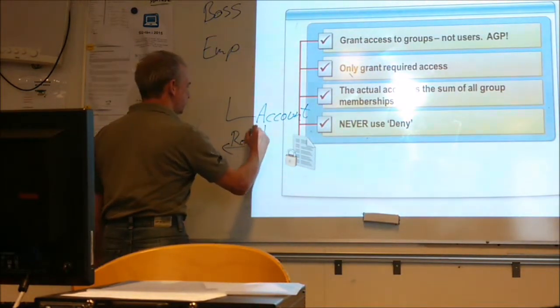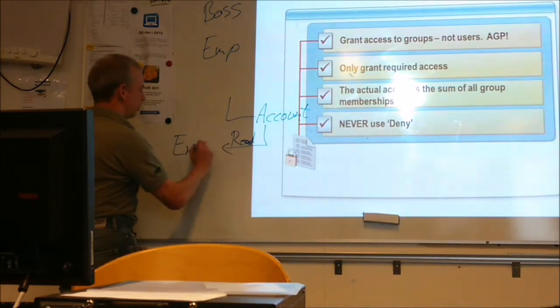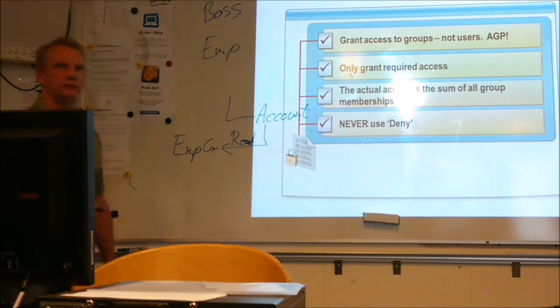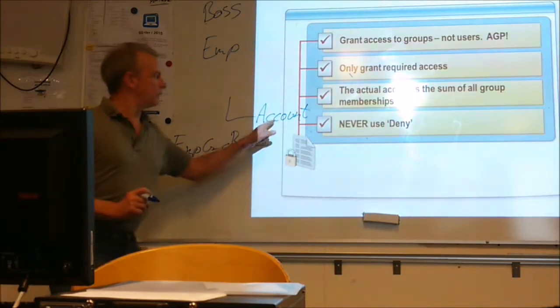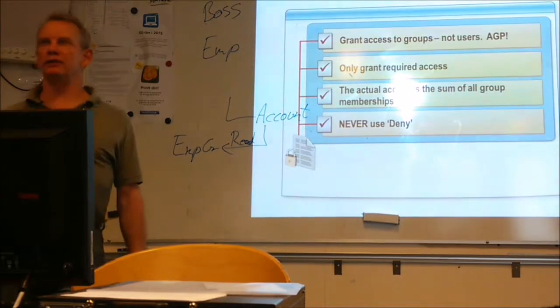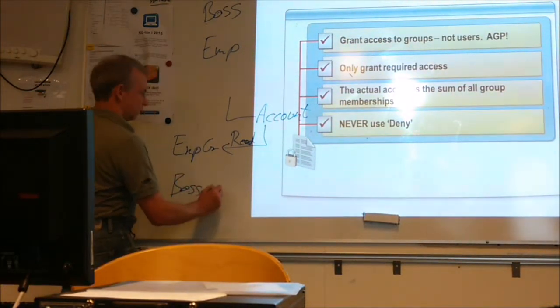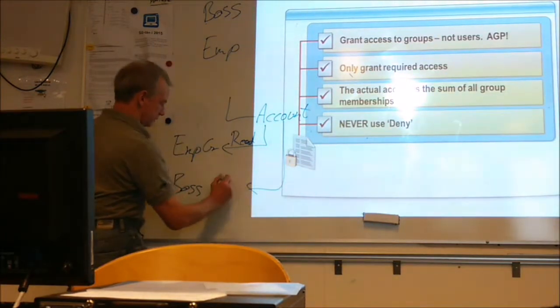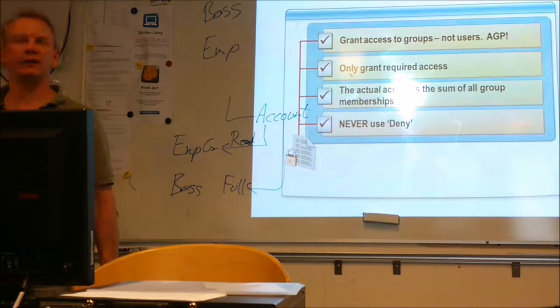So I grant read access to the group, employee group. Now I have one boss of this group. That boss should be the one that's able to change everything. So we take the boss and give the boss full access. That means he can do everything on that folder.